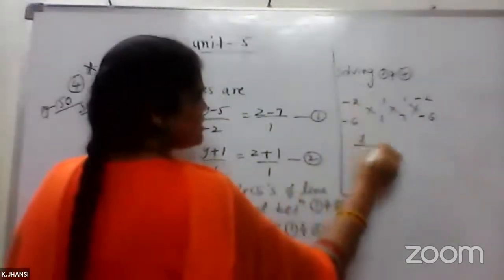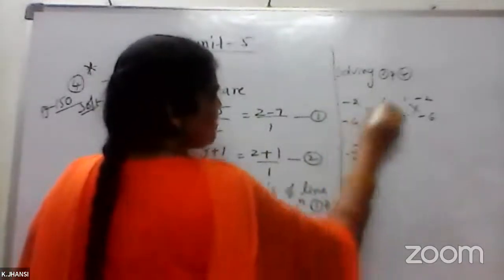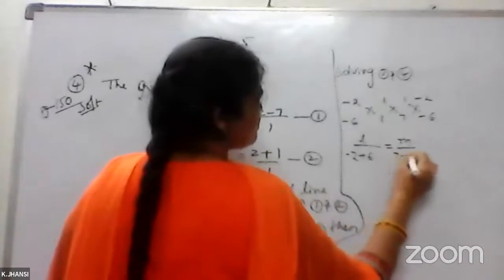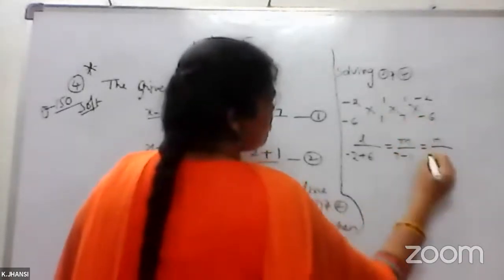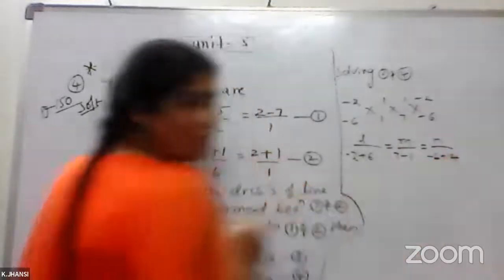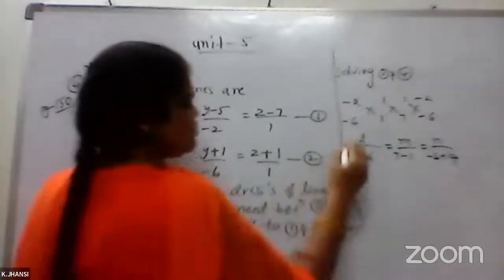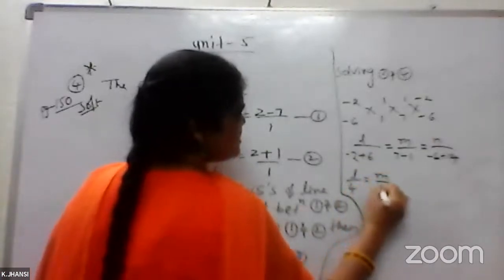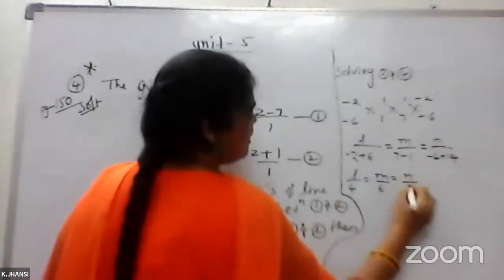So L is minus 2, minus into minus plus 6 equals M by 7 minus 1 equals N by minus 6 plus 40. You are able to see notes, huh? So you will get L by 4 equals M by 6 equals N by 8.